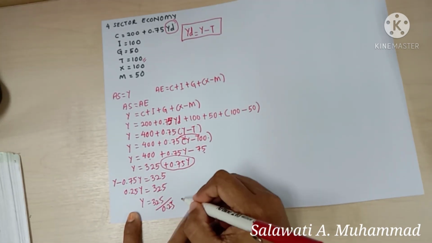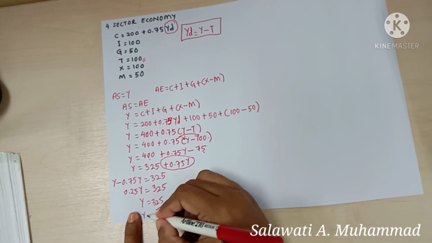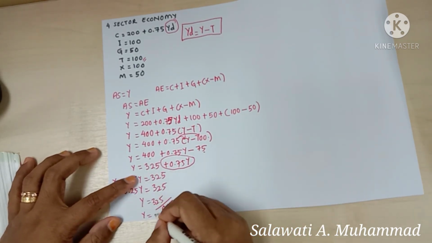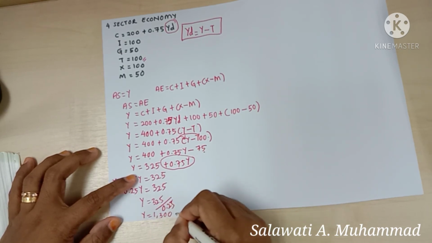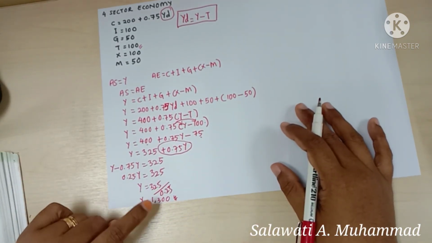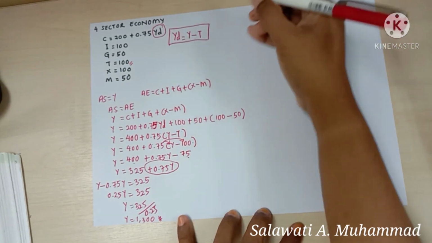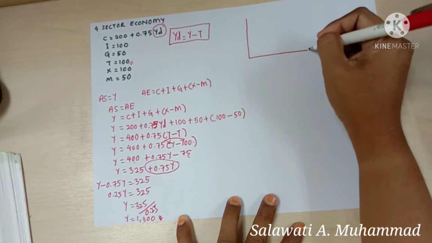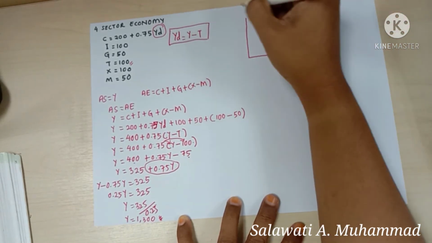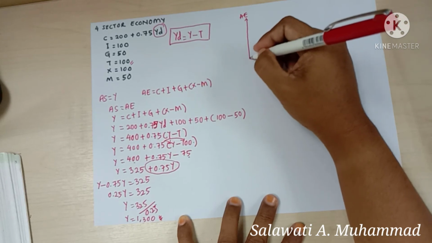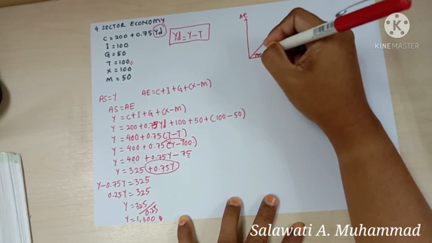So now Y is, how about using your calculator? So it will become 1,300. Yes, this is the amount of Y. And once again, by using the AE diagram, okay, this is national income. This is AE. So we have the 45-degree line.